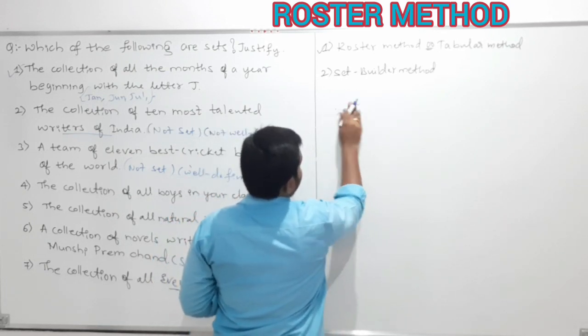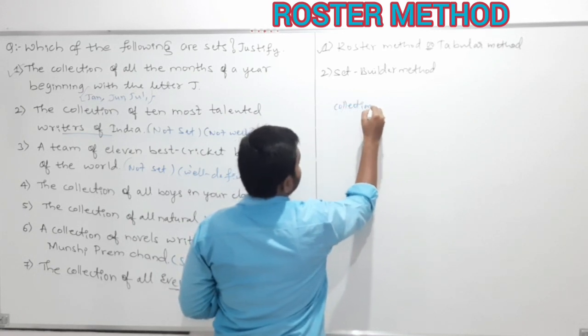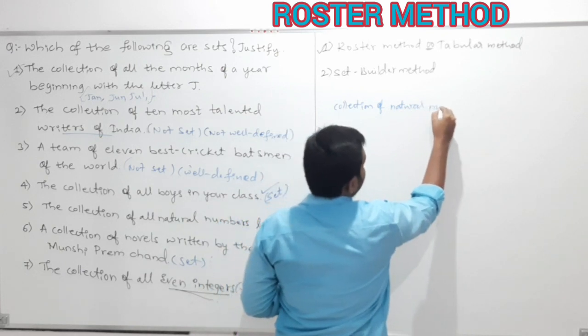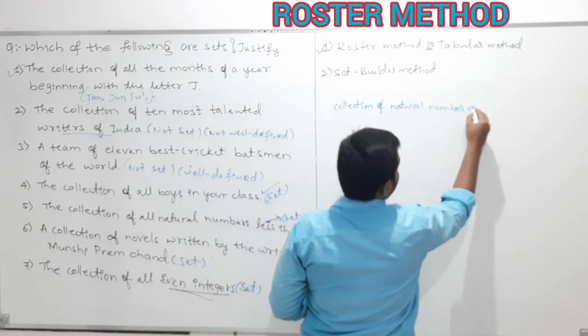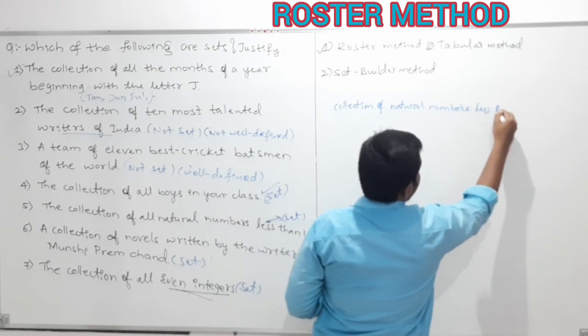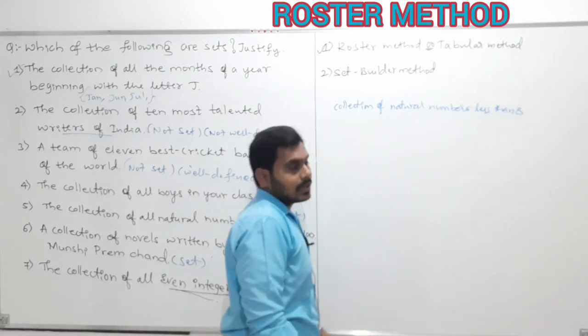I'll take one collection, my students: the collection of natural numbers less than 8.